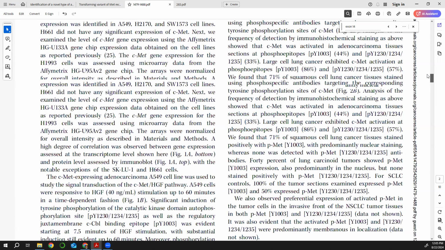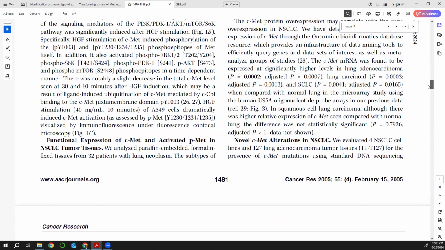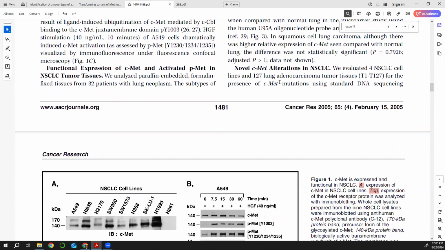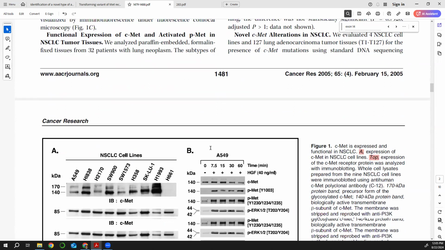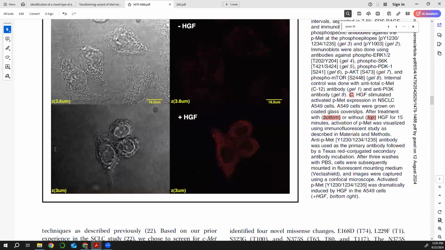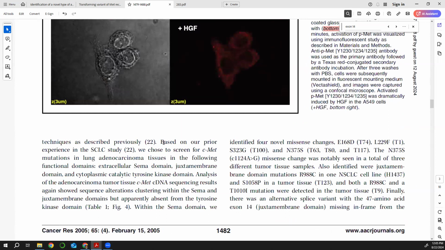So, okay, results, functional activation, novel MET alterations. We evaluated lung cancer cell lines and lung adenocarcinomas for the presence of c-MET mutations using DNA sequencing technique described previously, which is not that helpful.